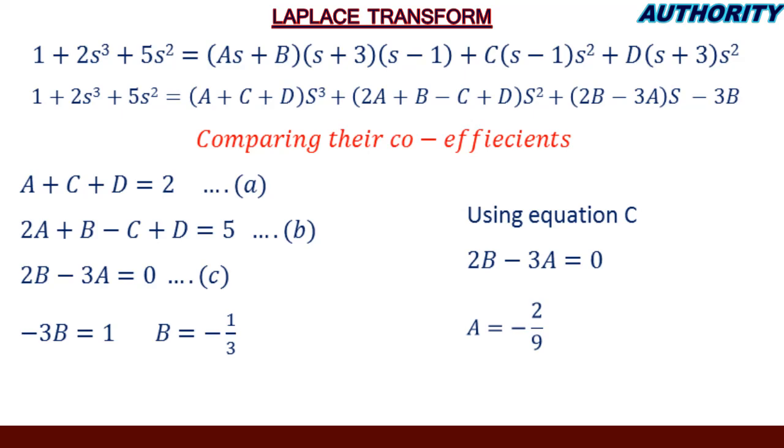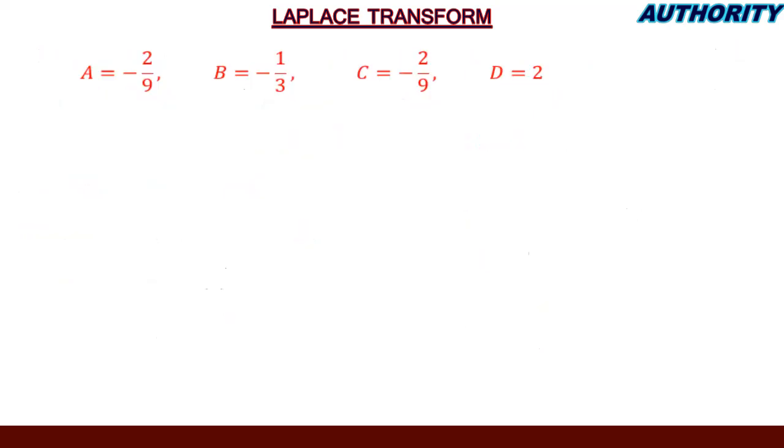Now look at this. We have found the values for a, b, c, and d. They are: a is equal to minus 2 all over 9, b is equal to minus 1 all over 3, c is equal to minus 2 all over 9, and d is equal to 2. Now let's go again.